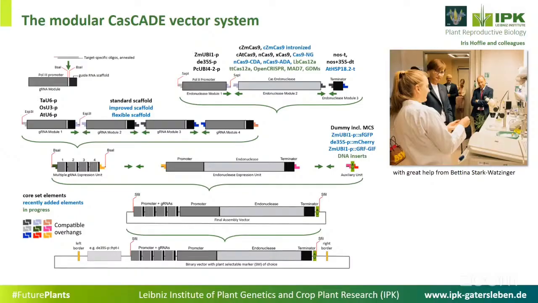Likewise, for the Cas endonuclease module, we are flexible in using different promoters, different versions of Cas endonuclease, and also different terminators, forming this Cas endonuclease expression unit. And finally, we have a dummy position where any sequence of interest can additionally be integrated, be it a GFP construct to indicate transgenesis, or a repair template for genome editing, or whatsoever.